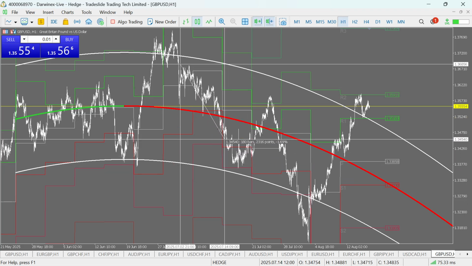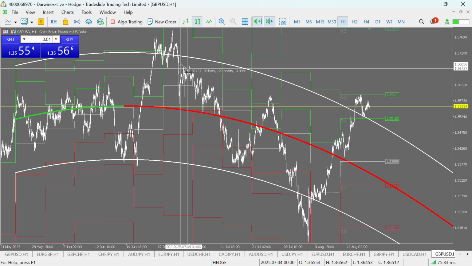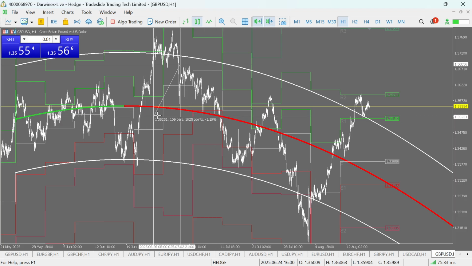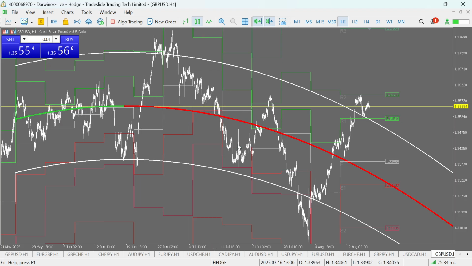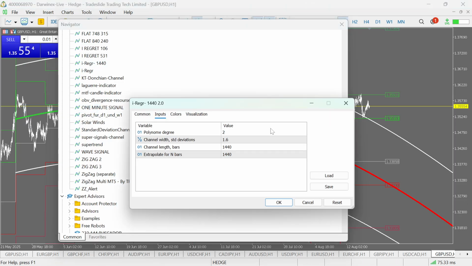I think I came out down here. I don't remember. So we can see now that I picked up this one. This is standard deviation. I always use standard deviation 3 levels.